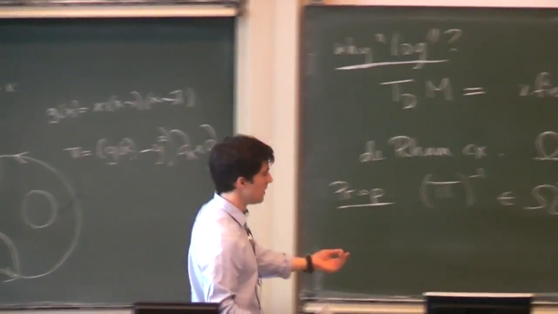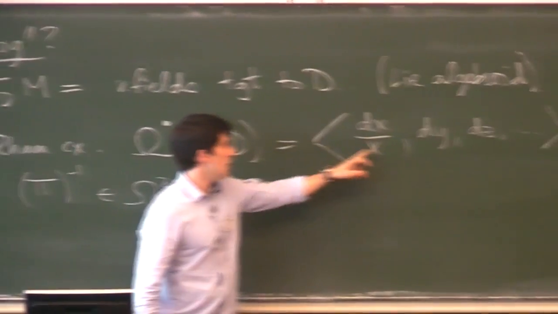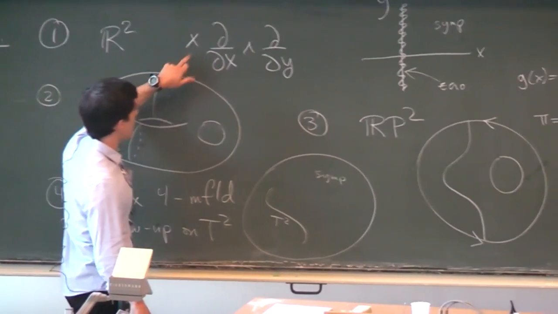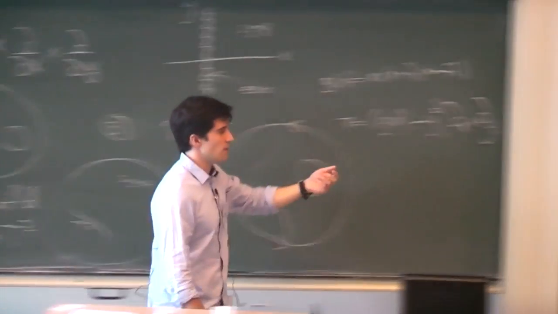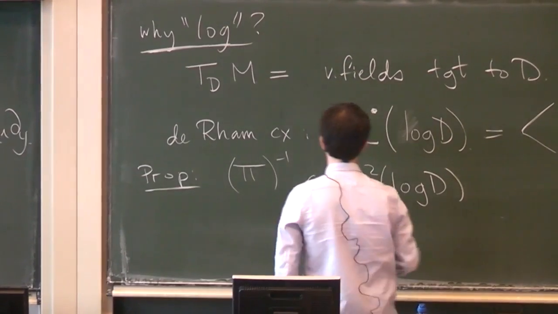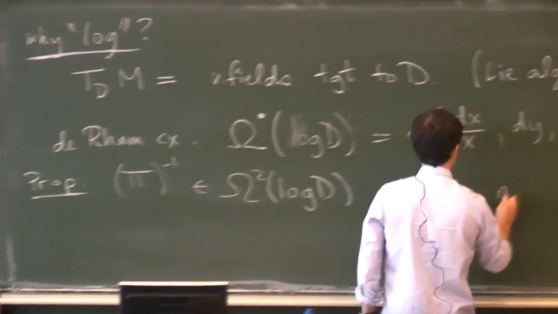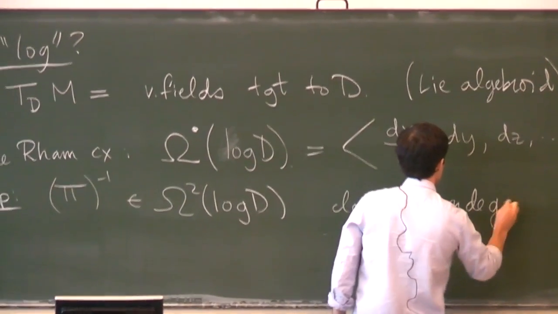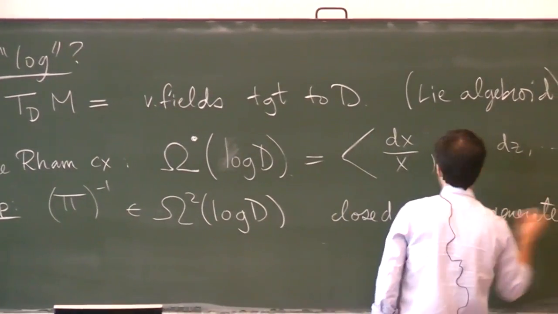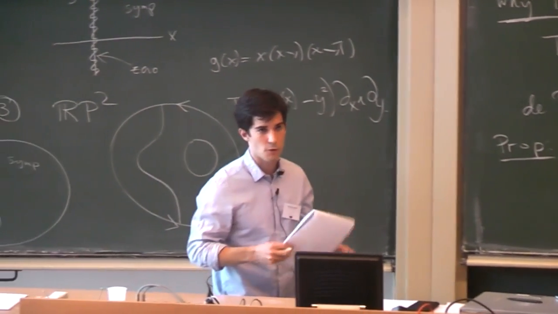It drops rank along D. But it is a two-form in the log sense, in the sense that it has this dx over x. You can see right here, if I invert this, I get exactly dx over x wedge dy, and so obviously it's in the log complex. But the important thing is that this is closed and non-degenerate in the sense of this Lie algebroid, and so it makes sense to call it a log symplectic structure.